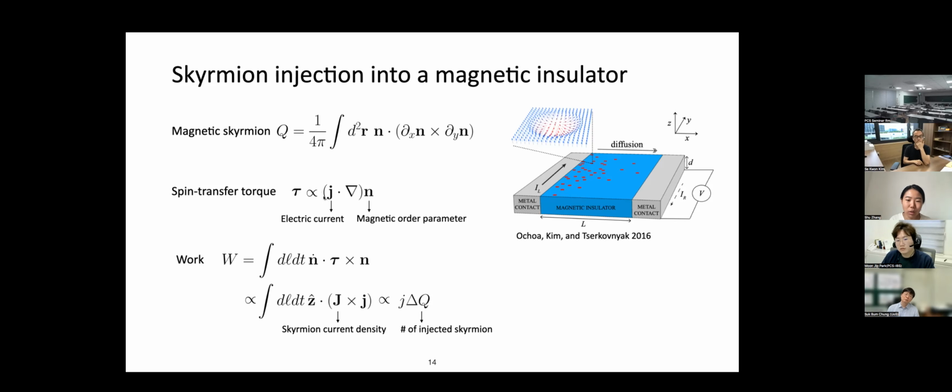And this torque is proportional to the magnitude of the electric current and the spatial gradient of the magnetic order parameter. And then you can calculate the work done by the torque on the dynamics, so the time derivative of the magnetic order parameter.